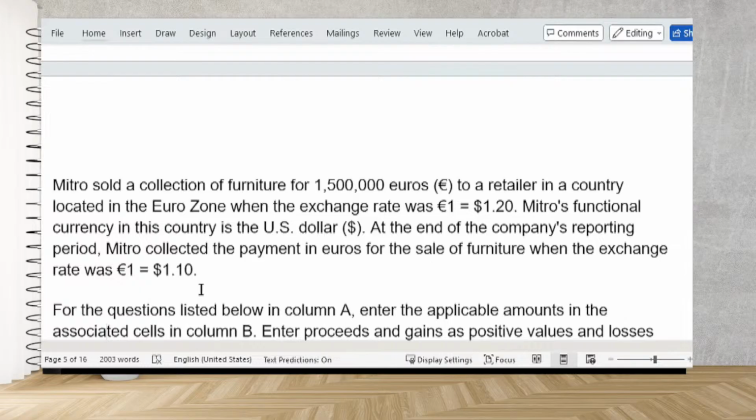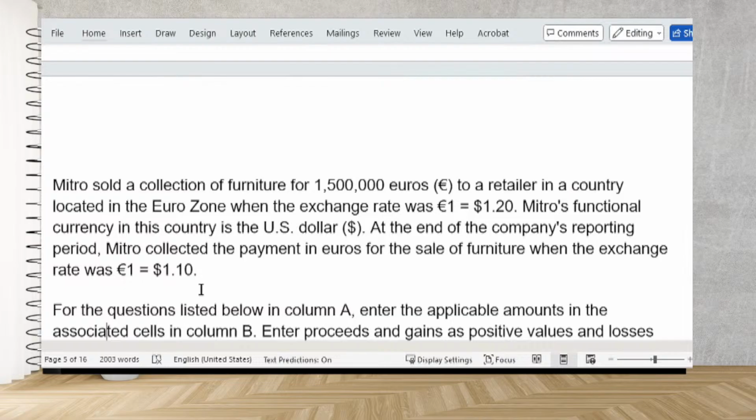Okay, so what happened? Because we are going to collect 1.5 million. See, earlier I needed to pay more euro, but now I need to pay fewer euros. Okay, so that means the US dollar goes down, so a loss may happen.